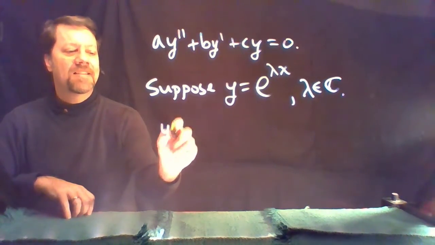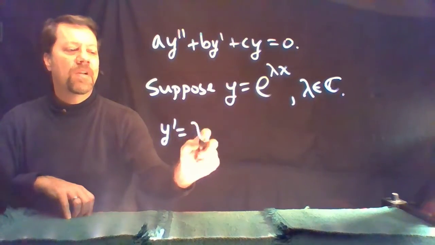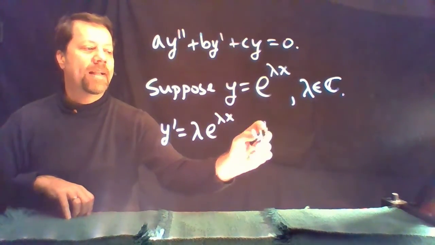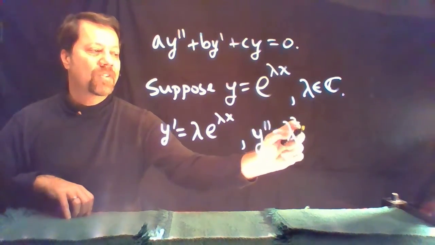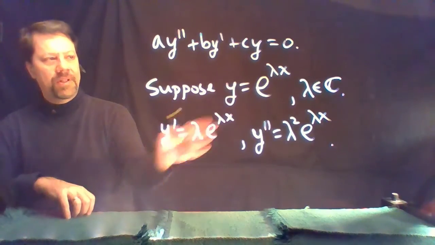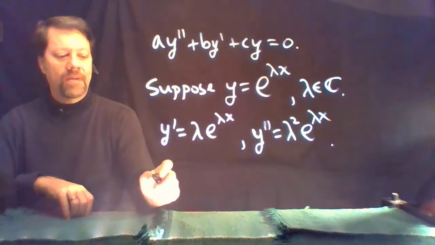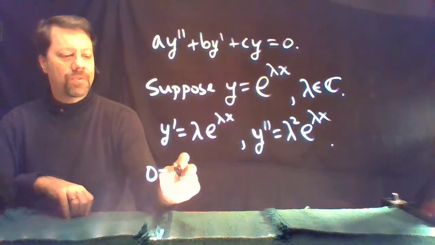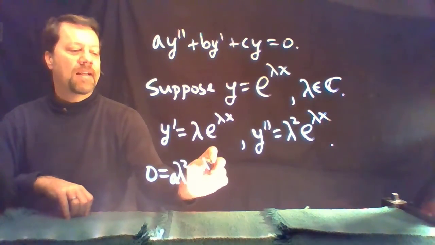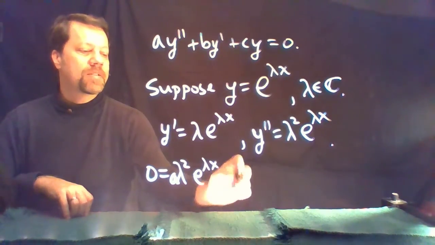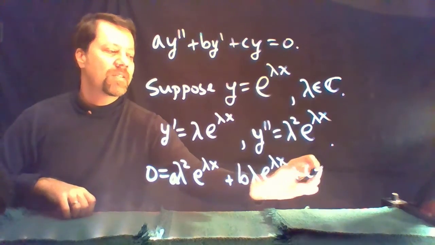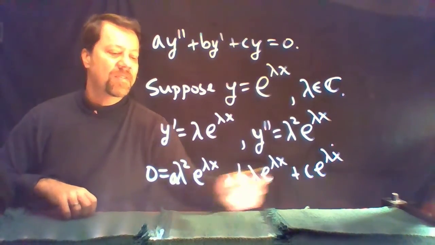If that's the case, then y prime is going to be lambda e to the lambda x, and y double prime is lambda squared e to the lambda x. Substituting all of this into the differential equation, we get 0 equals a times lambda squared e to the lambda x plus b times lambda e to the lambda x plus c e to the lambda x.